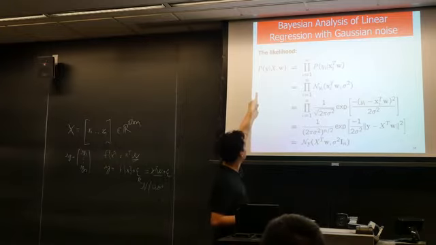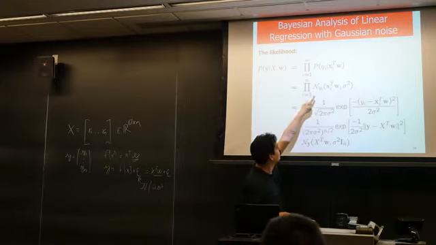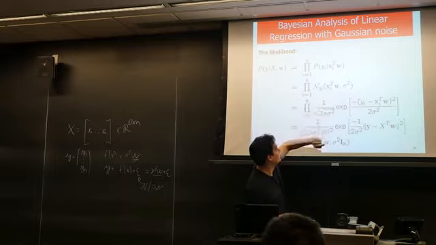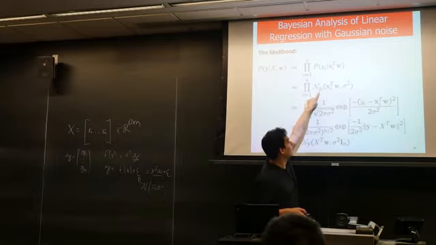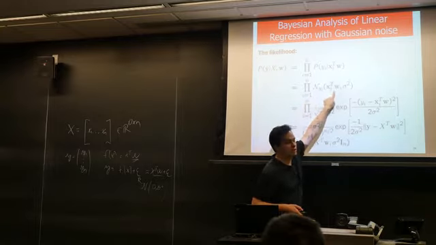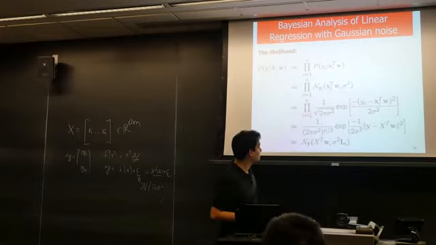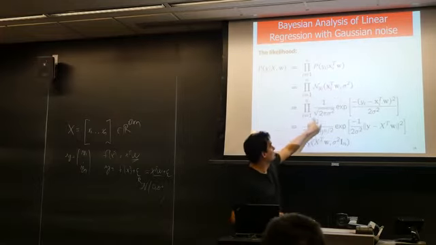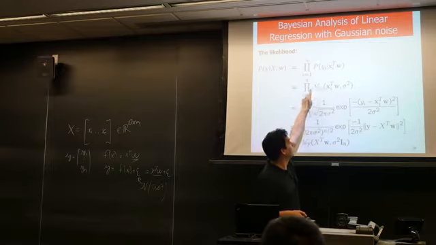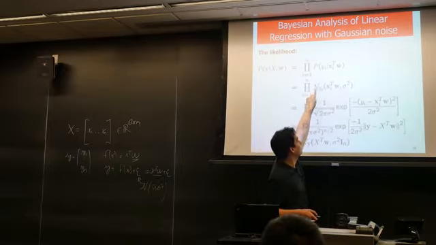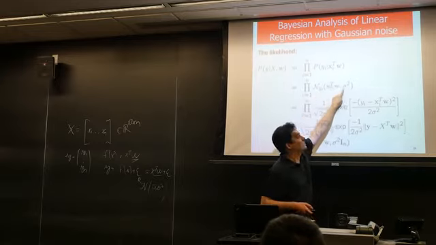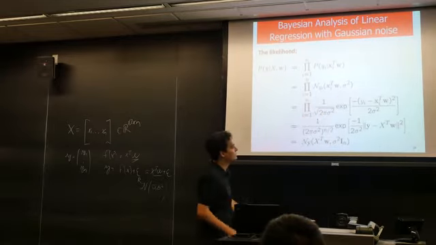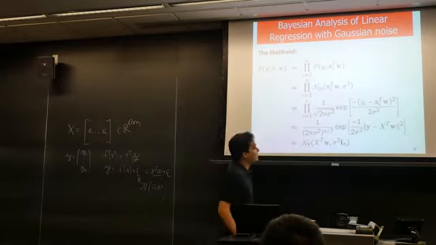So the probability of y_i given the input x_i and the weight w will be just a Gaussian distribution at y_i with mean x_i transpose w and variance sigma squared. Okay, so this notation is just the density of a Gaussian distribution at this location with this mean and this variance. So this is just the density function.